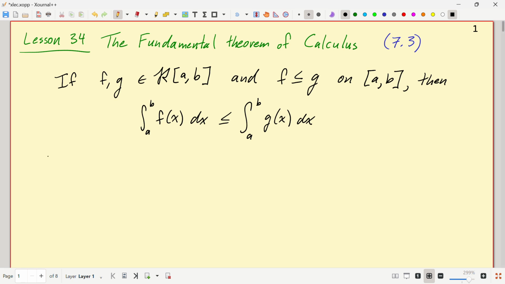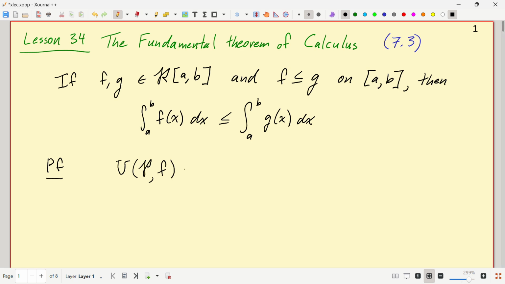But if I was going to prove that using definitions and basic tools, I would take a partition and take an upper sum of the partition for the f integral.